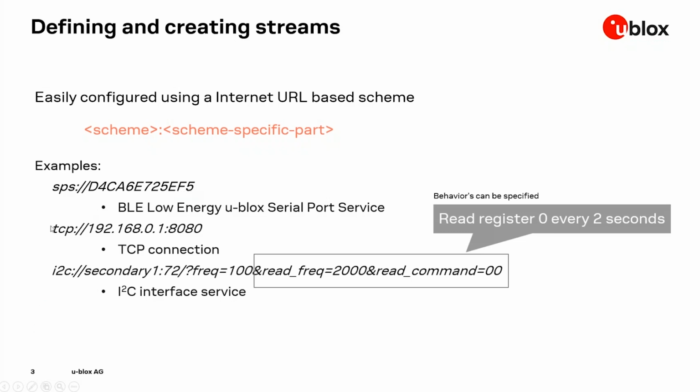For TCP, we have the scheme TCP, and then the IP address and the port. For I2C, which we will see later, we have the scheme I2C, and then we point out the I2C bus and address. And then we have some additional parameters like the bus frequency, and in our case the read frequency and which register we read from.